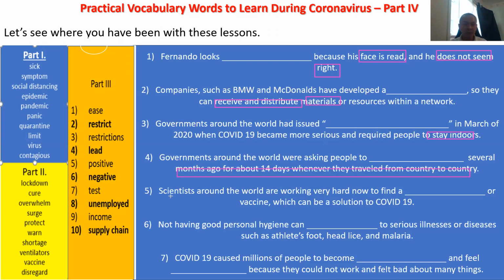Number 5, solution. Number 6, you're talking about not having personal hygiene, then something that goes to illness. Number 7, millions of people feel bad, could not work. So what can you use in there?